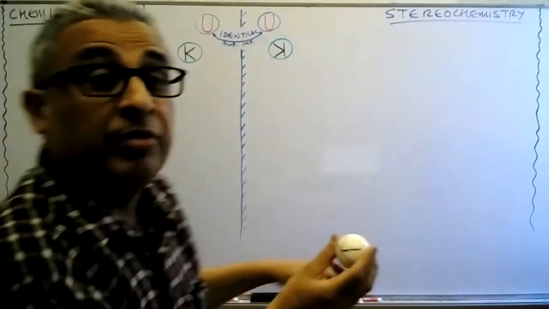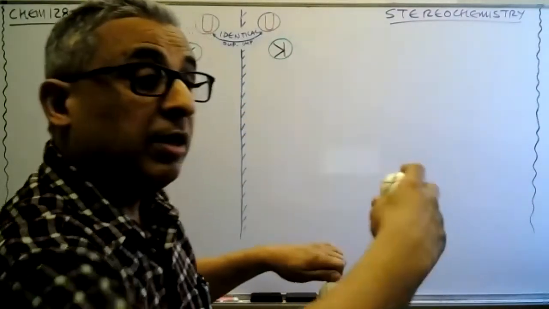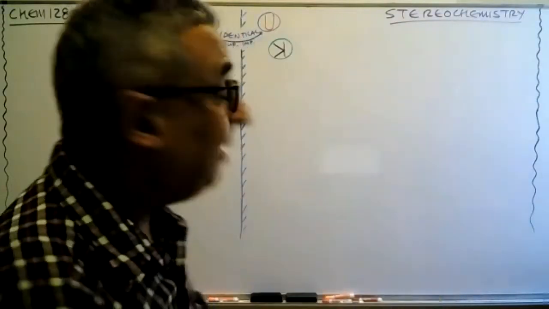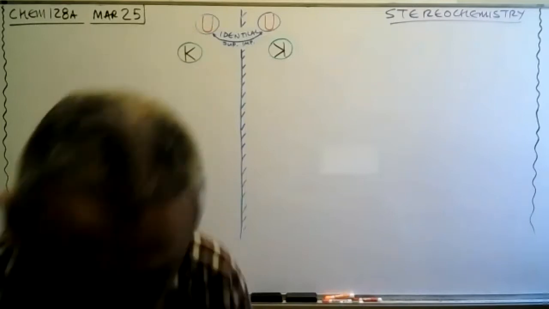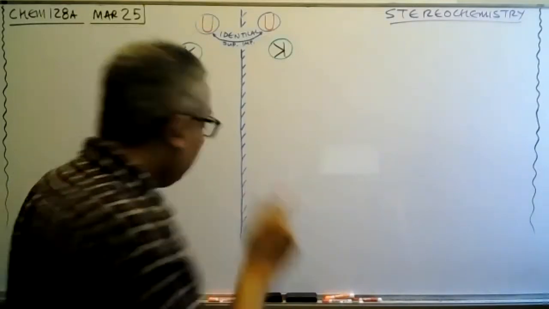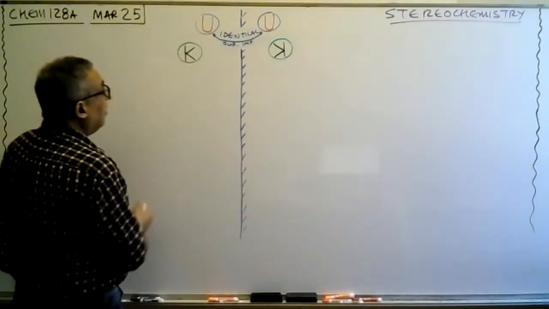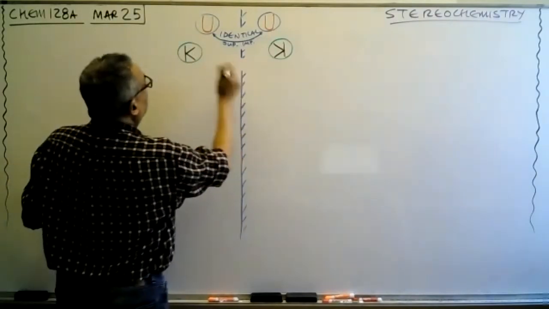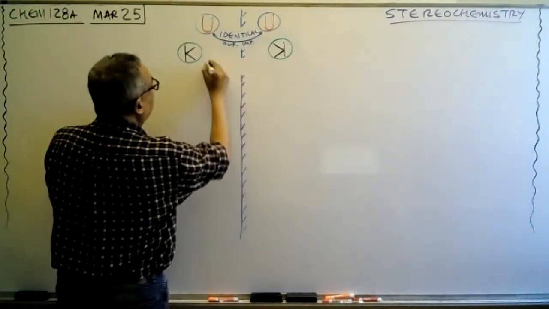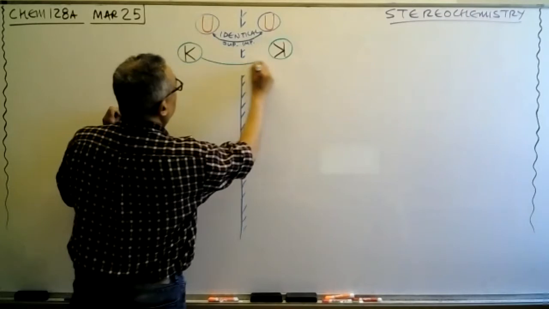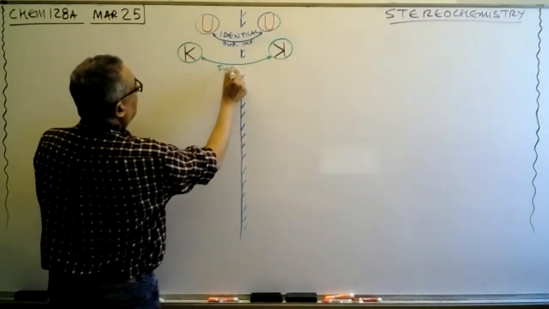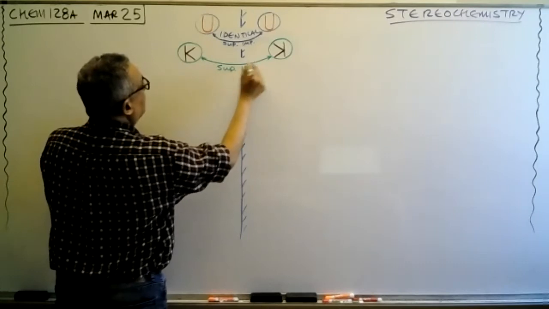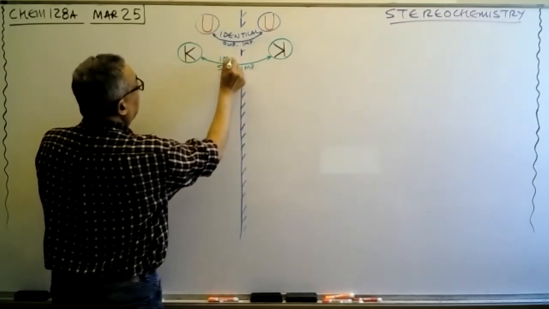So there is symmetry. If you turn it upside down, then the way it's drawn here, they're superimposable. So Amelia is absolutely right. There is nothing going on with the symmetry. So they are superimposable. That means they're identical.